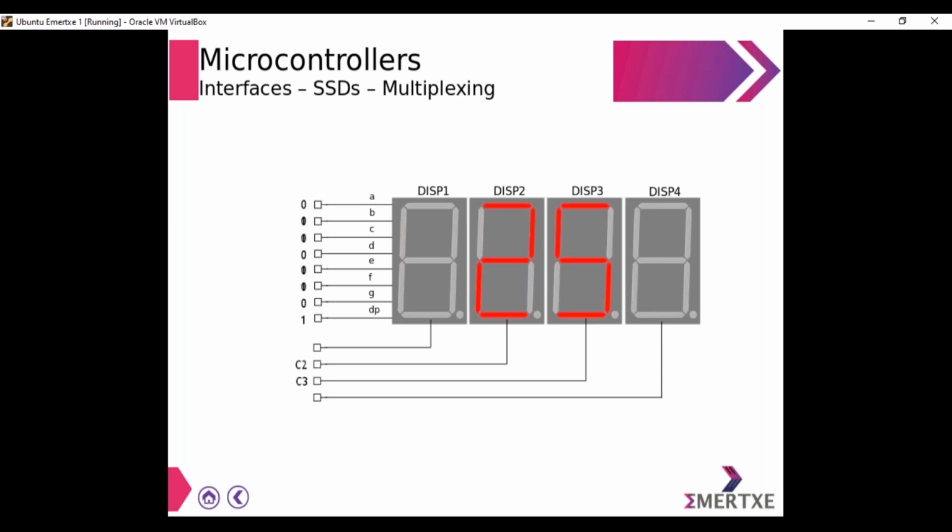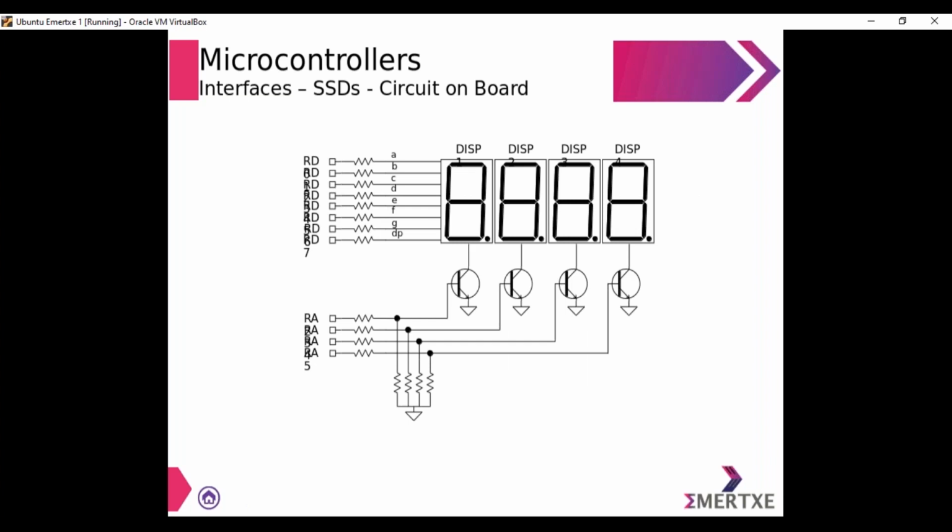Okay, so that is nothing but SSD in general. The working principle of SSD is very similar to that of an LED. You just have to know how to make different data displayed on different SSDs. So you can see the circuit on board. This is how the SSD is available on board. We have 4 displays.